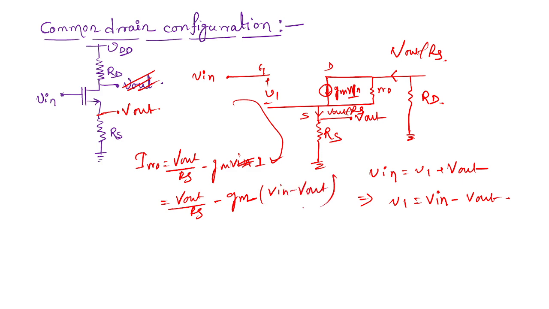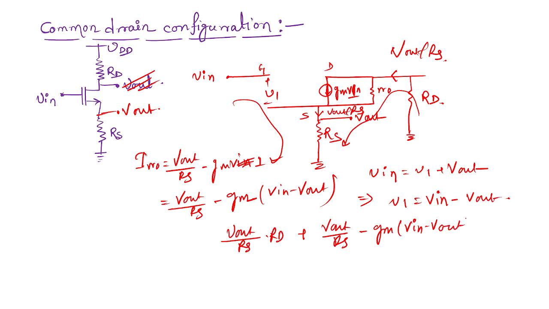Okay. Now if you write KVL in this loop, you can write V out by RS into RD plus IR naught. IR naught is V out by RS minus GM times V in minus V out, into R naught, plus V out.